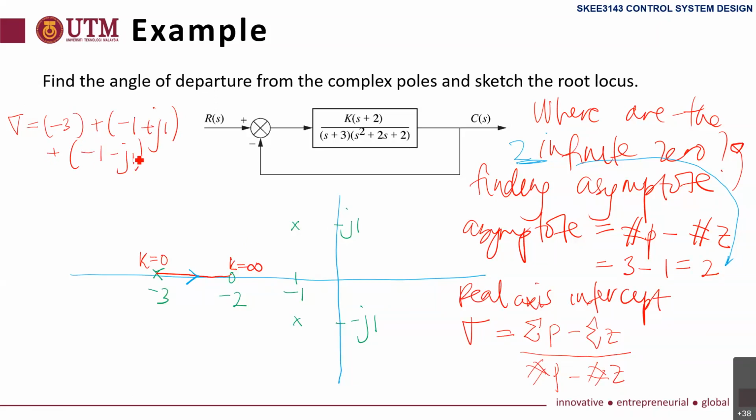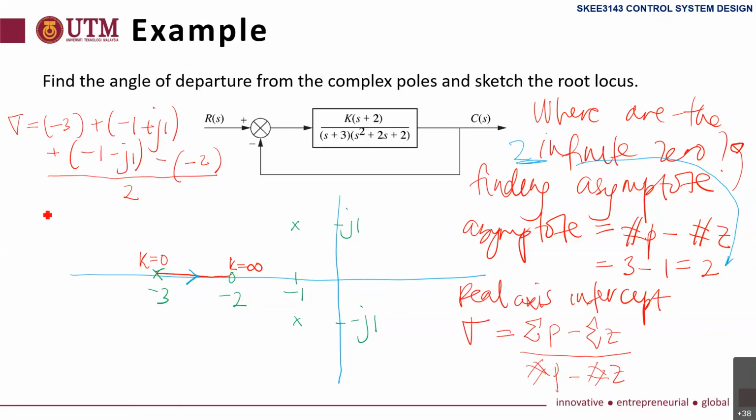All poles we add, on the real axis and also the complex poles. All minus the zero, zero at minus 2. Divide by 2, which is P minus Z, 3 minus 1.